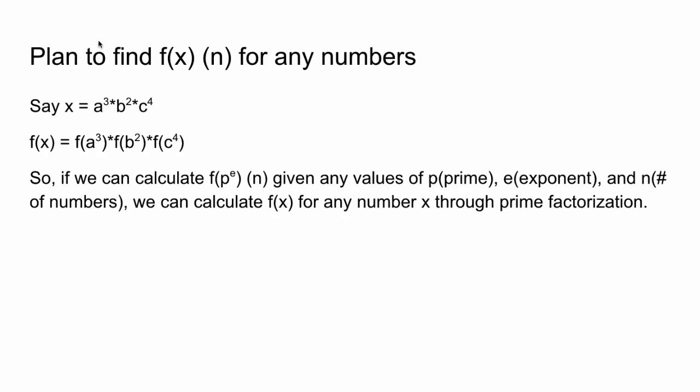If you break x into its prime factors, the prime factors here with the powers, and we can find a way to calculate f of something for any prime power, then we could divide any number x into its prime powers, plug each of these prime powers into the function individually, and then multiply their outputs.